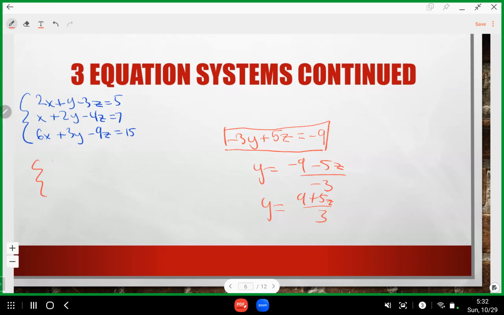So the first and second: let's say negative 4x minus 2y plus 6z is equal to negative 10, basically multiplying the top one by negative 2. And x plus 2y minus 4z is equal to 7.